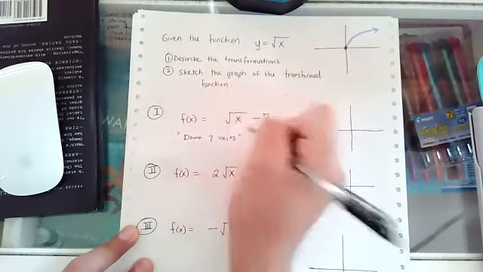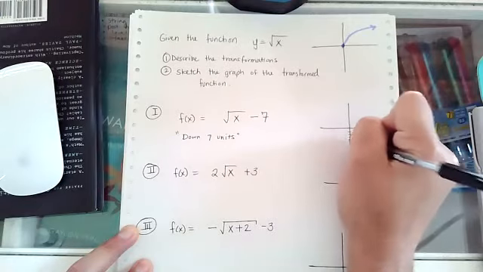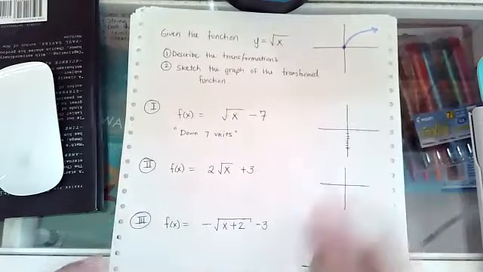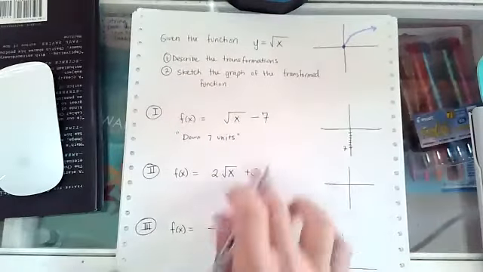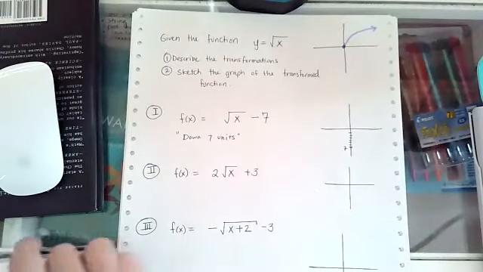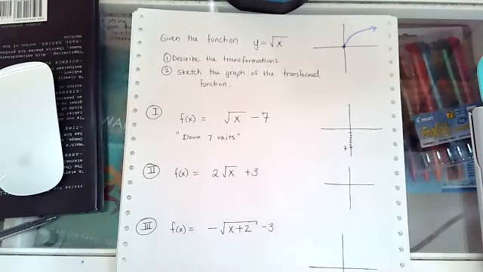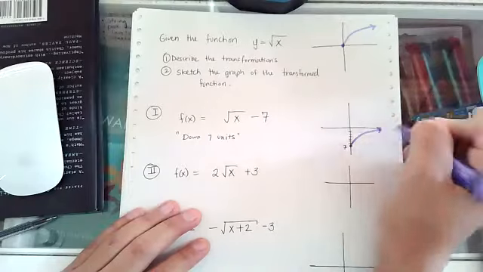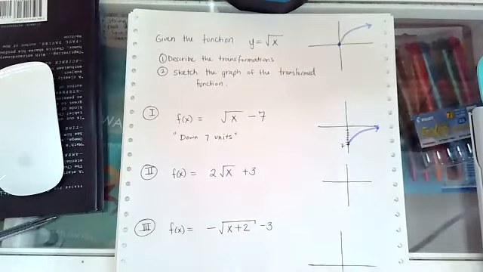So I'll start my graph here. Since that's the only transformation, I'll just go 1, 2, 3, 4, 5, 6, 7, right? And it doesn't have to be perfect. I could have just done a single tick mark and then labeled it 7. But since that's the only transformation that's been applied, we should roughly have the exact same shape going the exact same direction, because nothing else was changed.